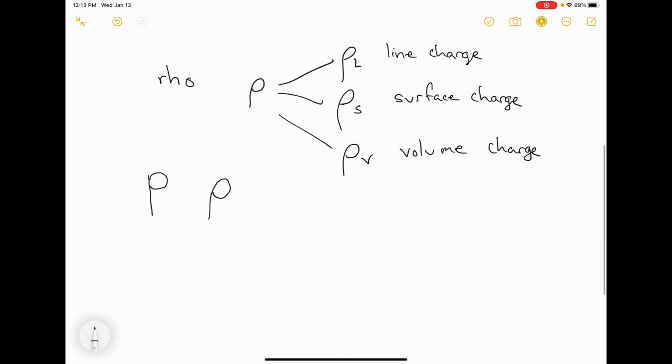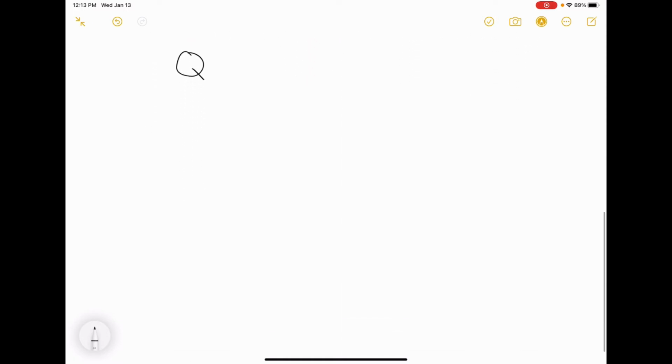So, we've talked about charge as a quantity, Q. What is the amount of charge in a charge distribution? To think about that, we need to think about a differential charge element in a charge distribution. Say we have a line charge density, rho L. If we select some segment of that line charge density with length dl, then the differential charge element associated with that tells us how much charge is in that differential length.